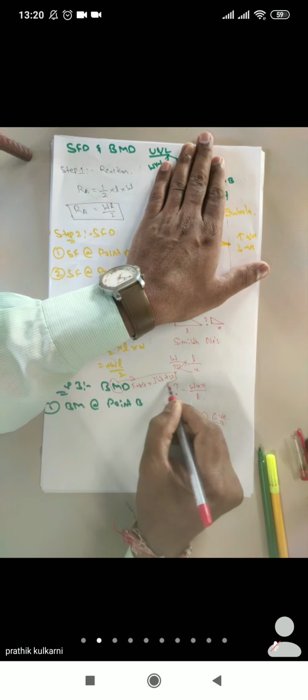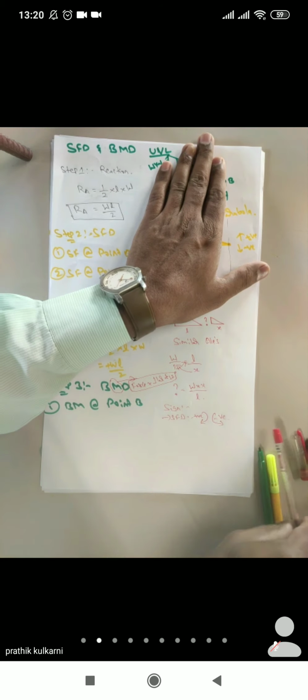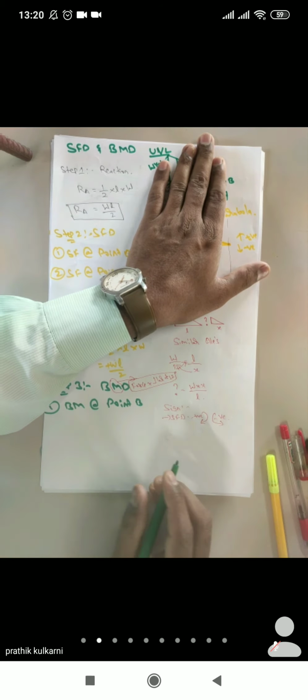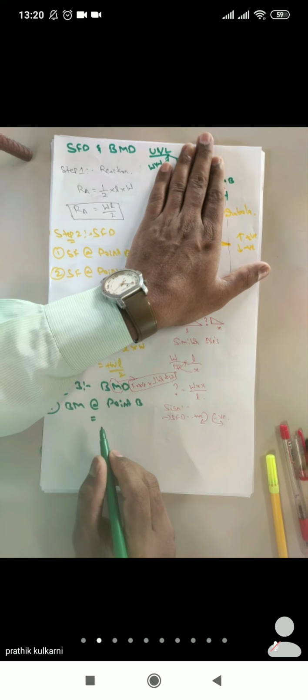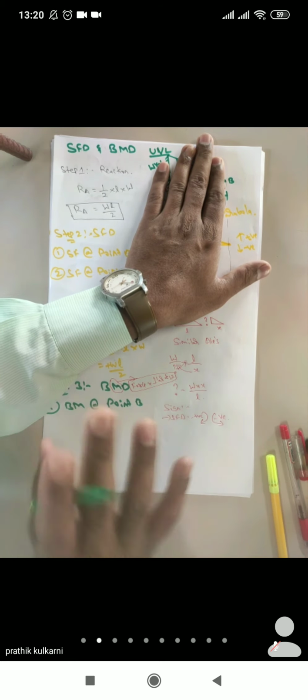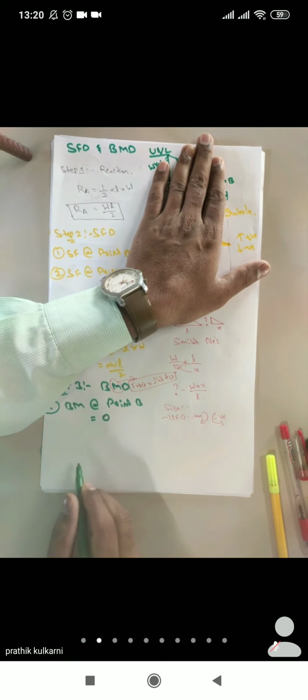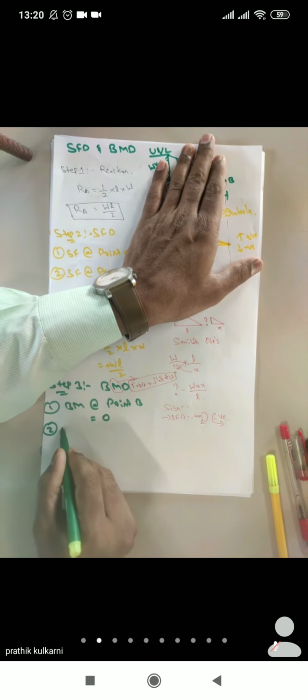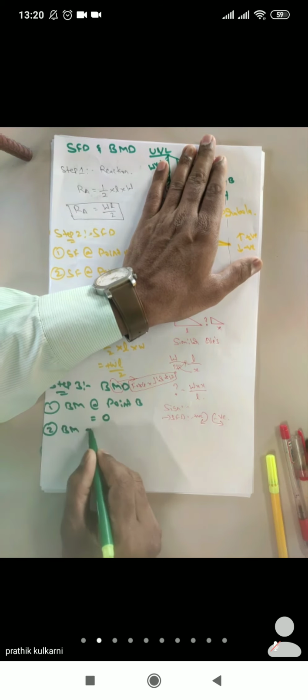Please be careful. What is moment? Moment is force into perpendicular distance. Now at point B, we don't have force and we don't have perpendicular distance, so it is equal to 0.